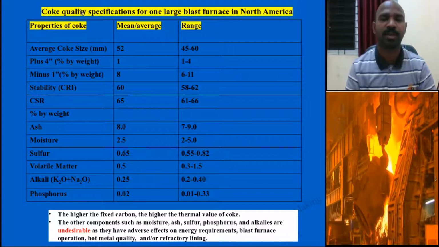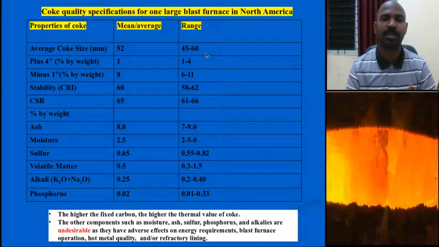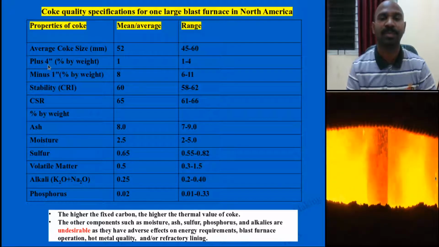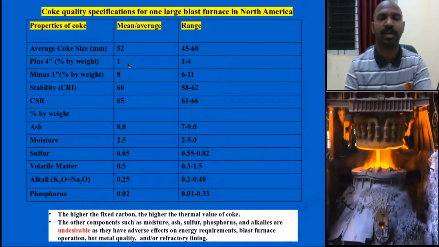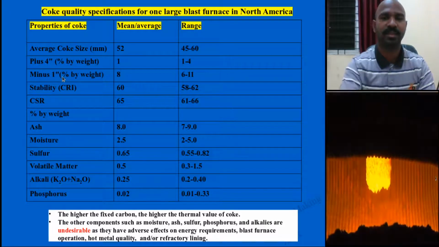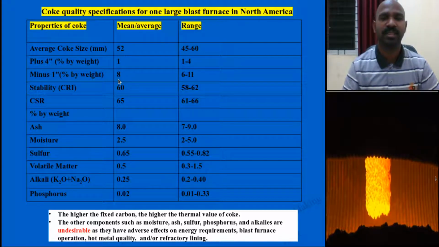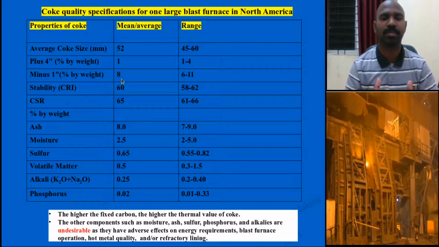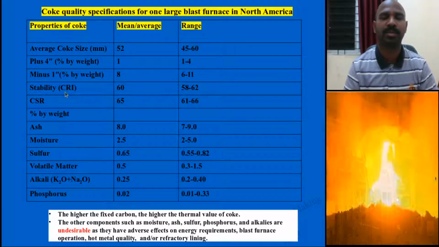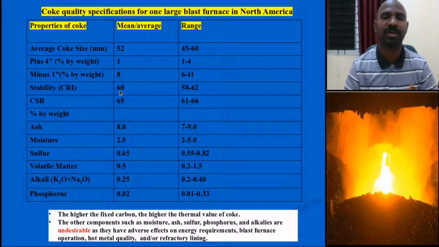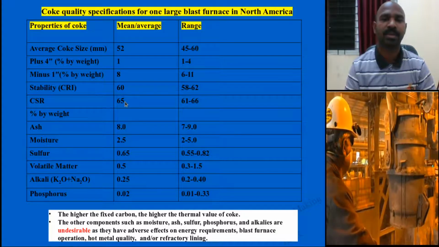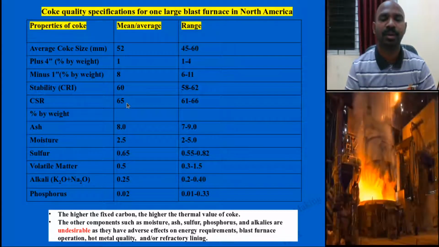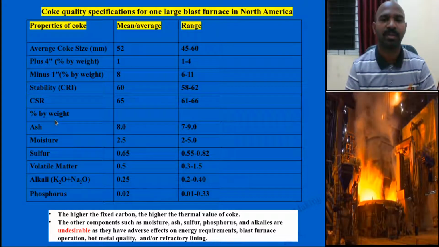For good quality coke, the range may vary, plus 4 inch size by weight 1, and minus 1 inch size, percentage by weight 8, which is considered good quality. And coke reactivity index, stability, and coke strength after reaction, average 65, percentage by weight.